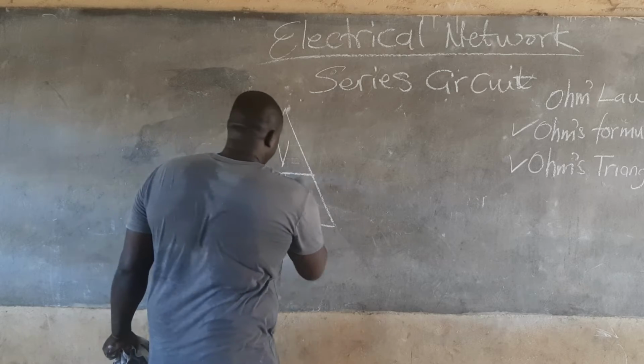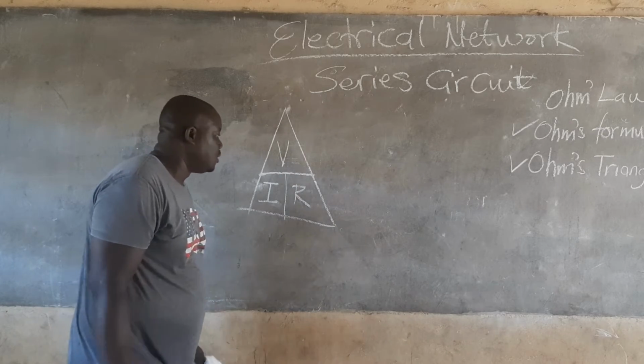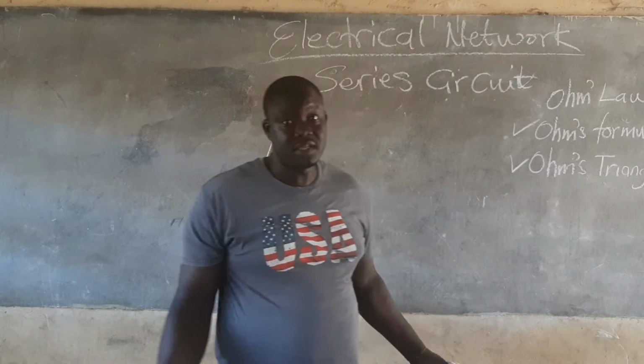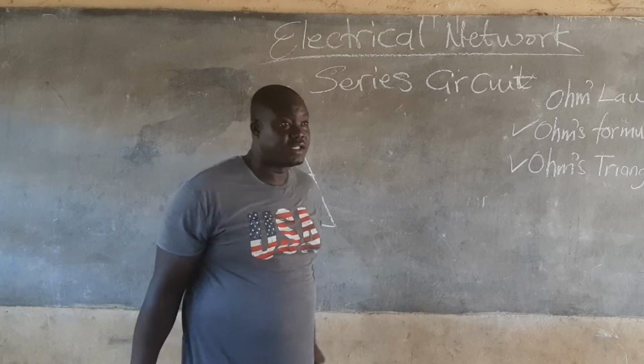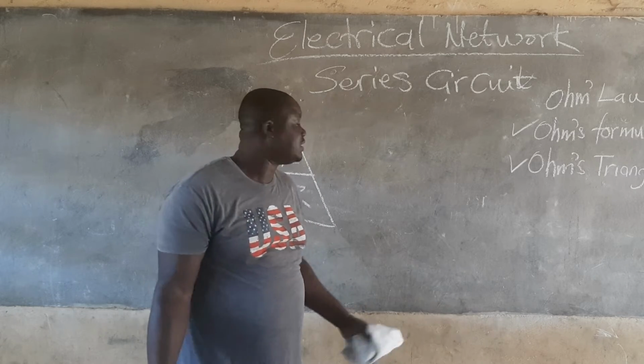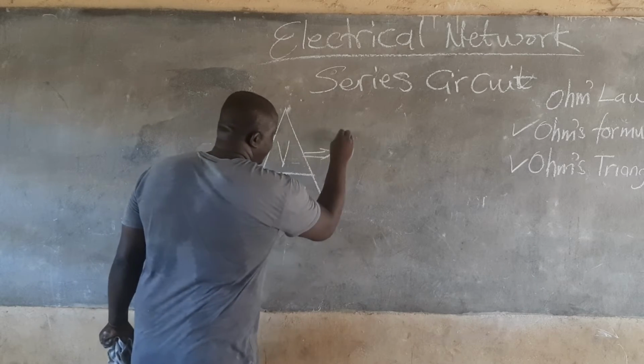Now we use this alphabet as a terminology to designate certain things. In electricals, most of our time we use an alphabet to designate certain things. But here, the V stands for voltage.